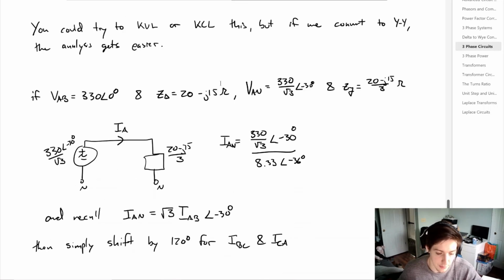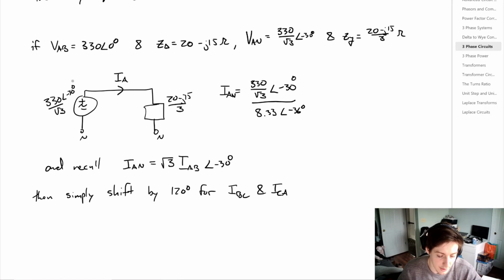So if we had something where we had a line voltage VAB equal to 330 volts with a phase angle of 0 degrees, and we had some Z delta of 20 minus j15, we could convert to a phase voltage by that square root of 3, then we get a phase angle of minus 30 degrees, and then we can get ZY simply by Z delta divided by 3.